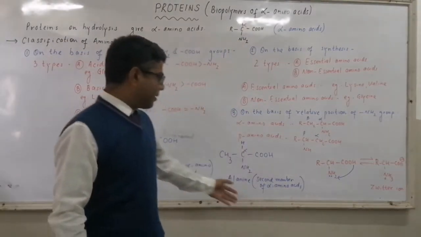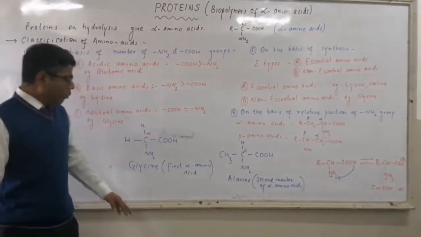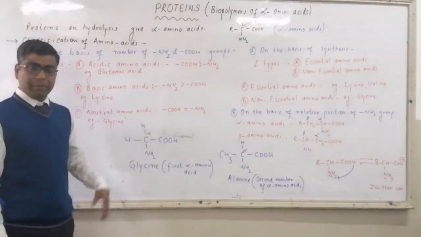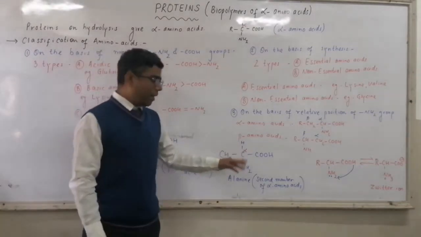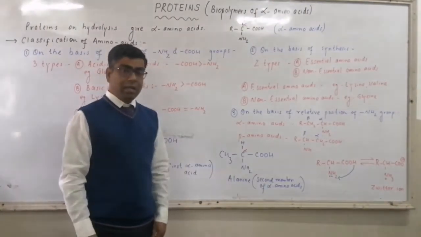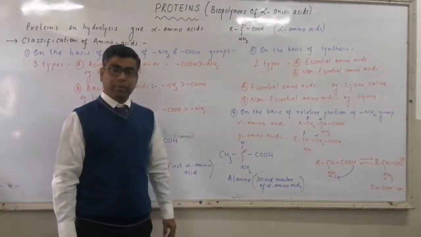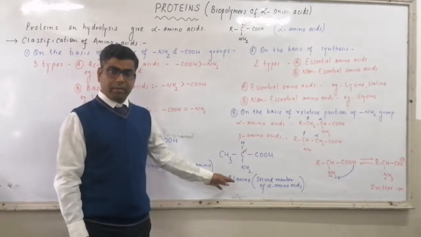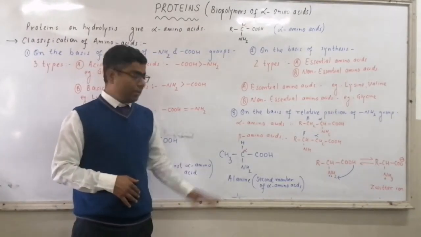Let us talk about the second member of alpha amino acids, where we have 3 carbon atoms. One more carbon atom is attached with this carbon. Having 3 carbons, NH2 is on the alpha carbon. You can see carbon bonded to COOH, carbon bonded to H, carbon bonded to CH3, carbon bonded to NH2. It is alanine. This carbon is chiral in nature, so this is optically active.